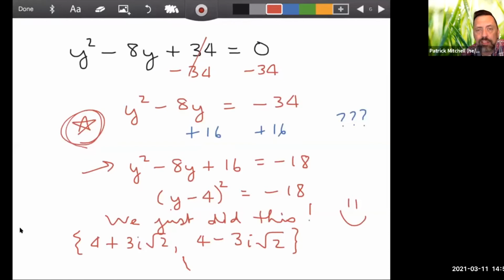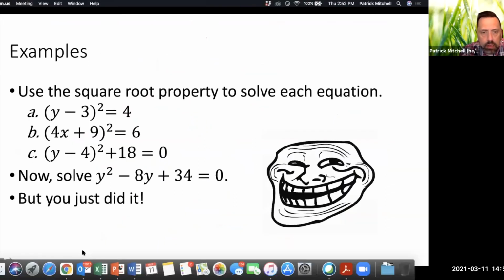I needed it specifically to be a perfect square trinomial, because only if I get it to factor exactly like this will I be able to use the square root property. So what I'm going to show you right now is how you can do that with any quadratic expression that I might spring on you.